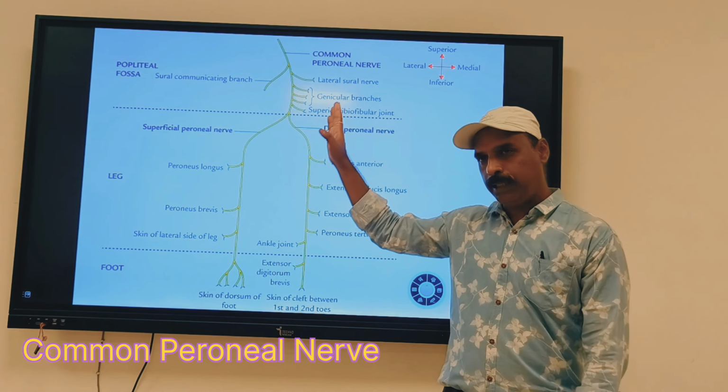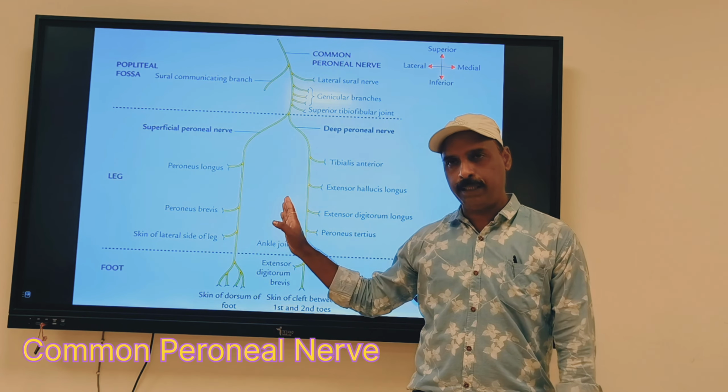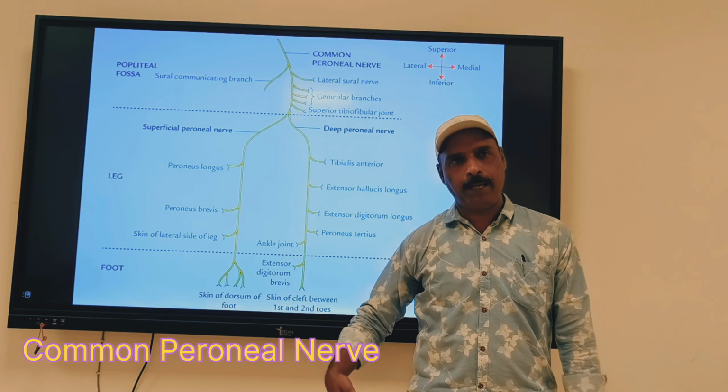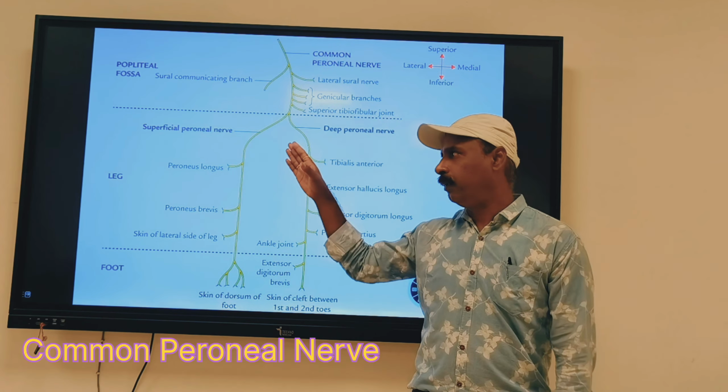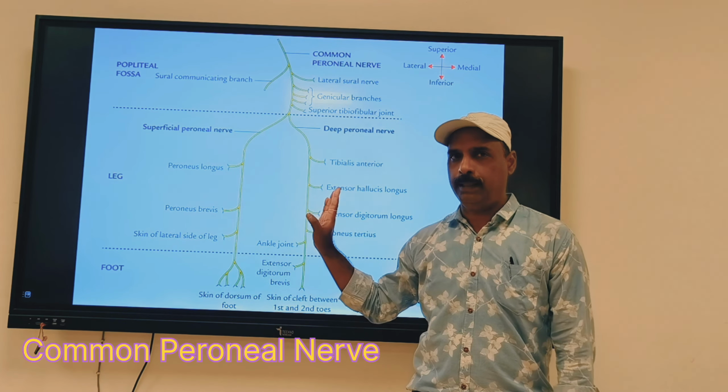If it runs gluteal region, back of thigh, back of leg, then there is involvement of the tibial nerve in the lower leg region.